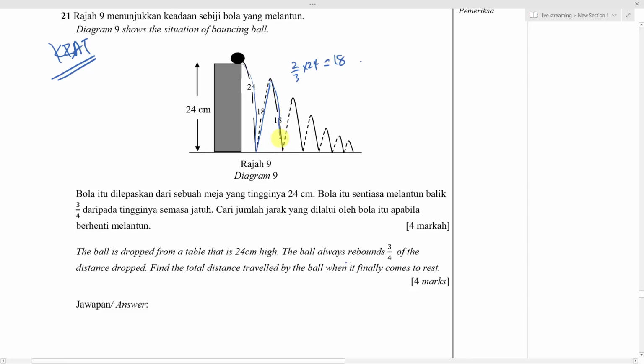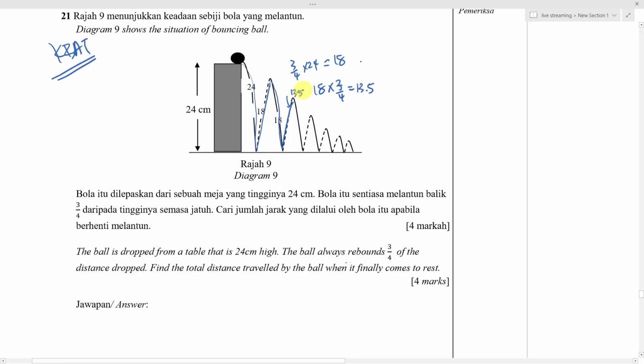Then if I drop from 18, it rebounds back 18 times 3/4, so you will get 13.5. So the distance here now becomes 13.5, and so on.